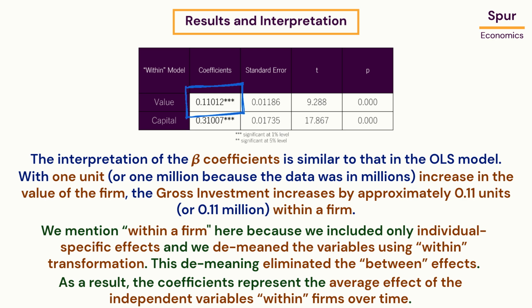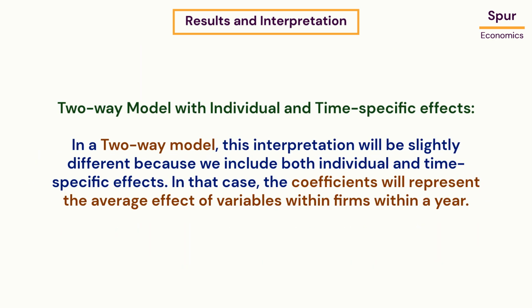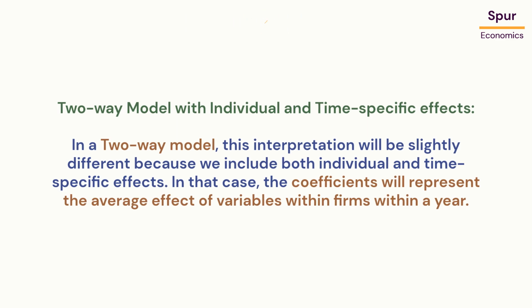This demeaning eliminated the between effects. As a result, the coefficients represent the average effect of the independent variables within firms over time. In a two-way model, this will be slightly different because we include both individual and time-specific effects. In that case, the coefficients will represent the average effect of variables within firms within a year.